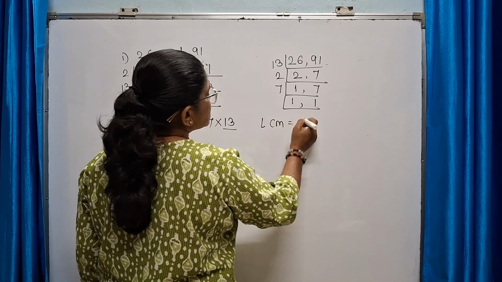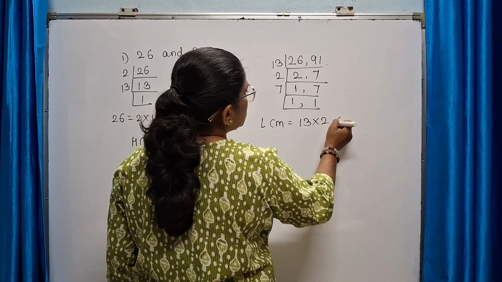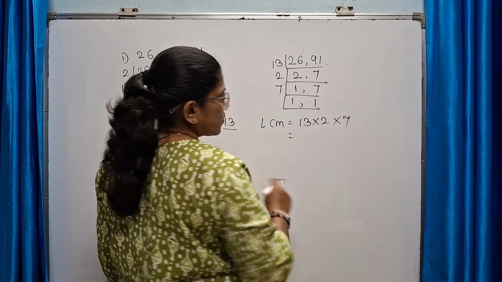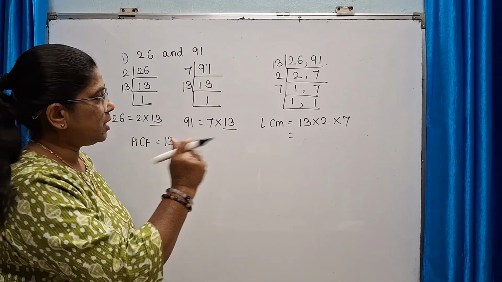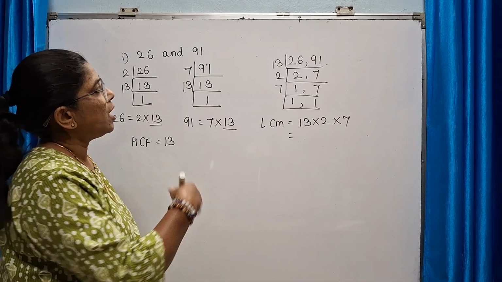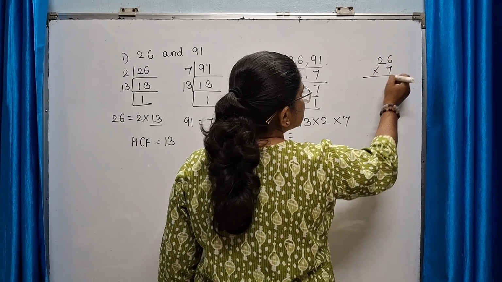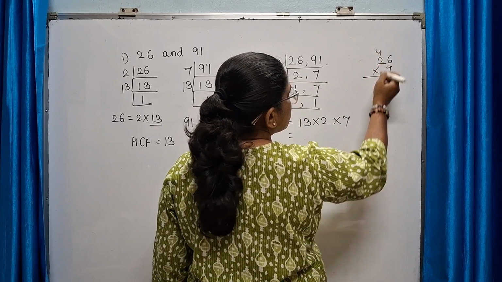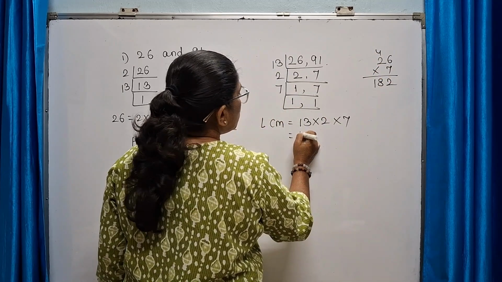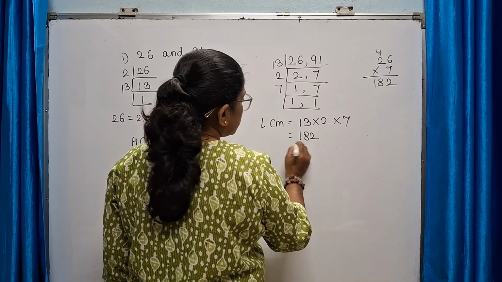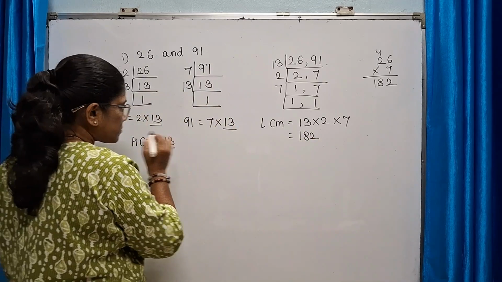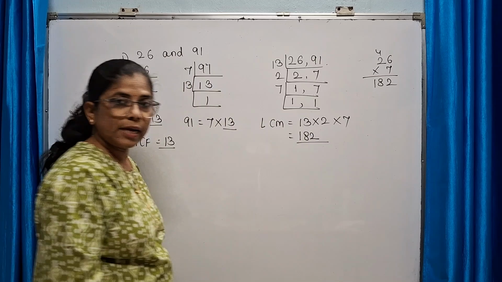Now LCM is 13 into 2 into 7. 13 2s are 26, and we multiply 26 by 7. 7 6s are 42, 7 2s are 14 plus 4 is 18. That gives 182. So HCF is 13 and LCM is 182.